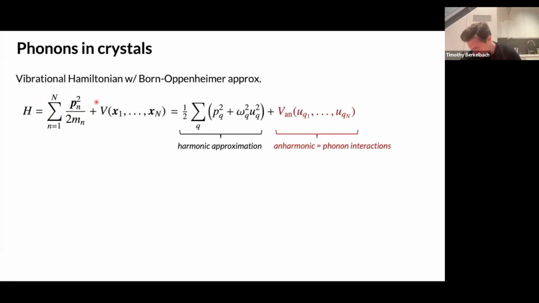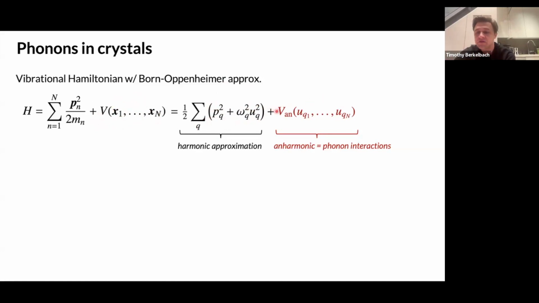The standard approximation is to diagonalize the Hessian, the matrix of second derivatives of the potential energy surface. That defines phonons in crystals. So within that harmonic approximation, I have a kinetic energy for my phonons. I have phonon frequencies and phonon displacements. But again, the true potential energy surface is essentially an n-body quantity.